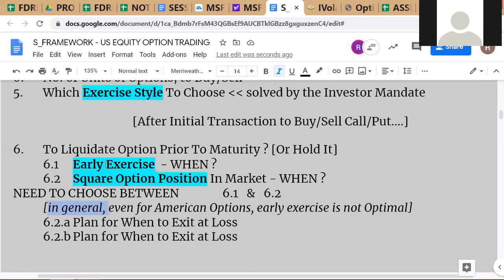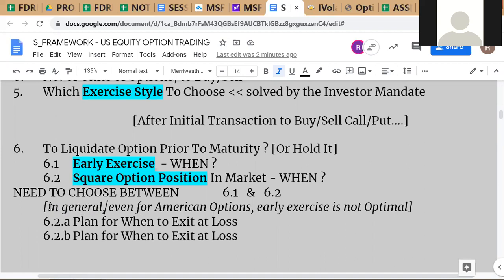That's why I am protecting myself by putting in this hedging statement, in general, so that when somebody points out to me certain situations where 6.1 makes sense, I will say, well, what did I say? I said in general, which means there can be some exceptions to this statement. So remember to write like this. When you write, based on the situation, when this is required, you have to put it in.